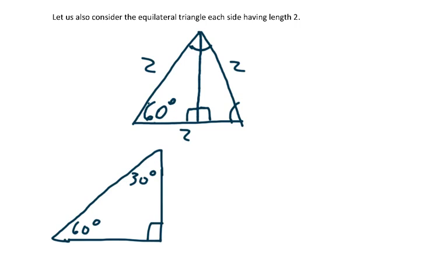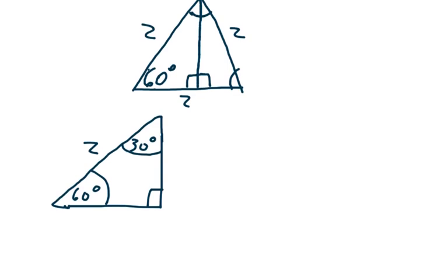So again, this is 2. Now, since these two triangles are congruent, that means this base here and this base here are actually equal in length. I know it doesn't look like it from the way I drew it, but they are actually equal in length. So that forces this side length to be 1.